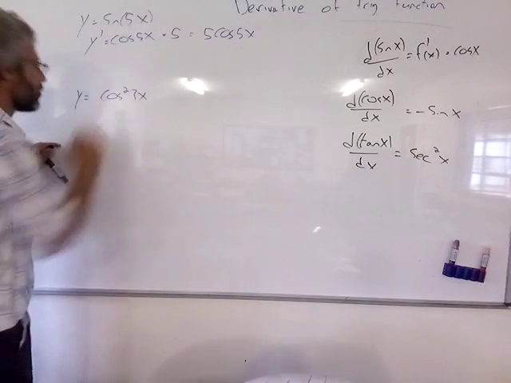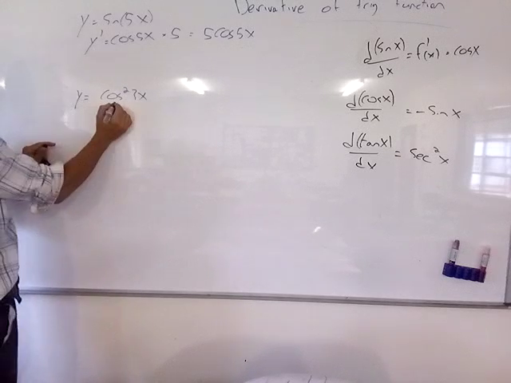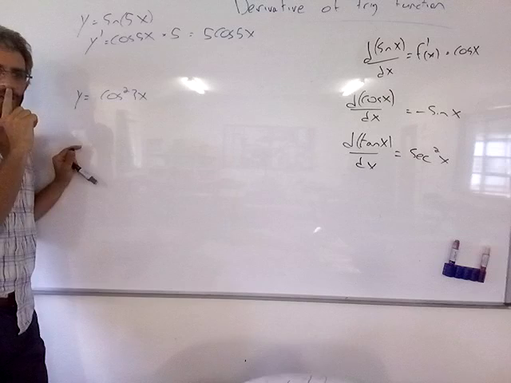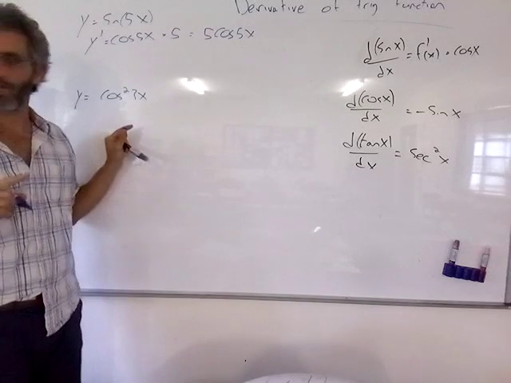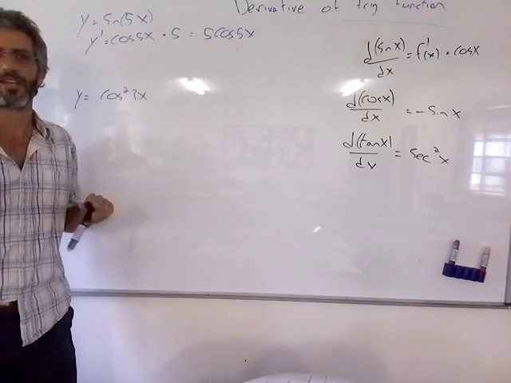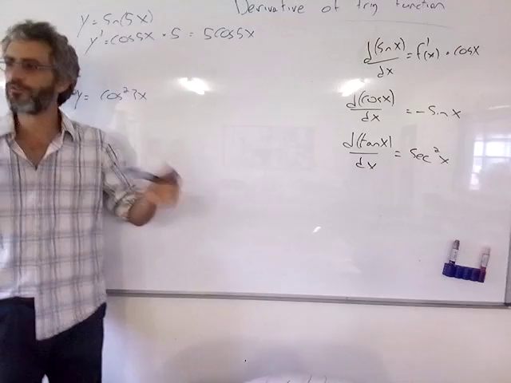Okay? A little bit more tricky is that business now. Actually, I can use the product rule. I've got cosine squared 3x, so I can write it as cosine 3x times cosine 3x, and find the derivative of each one.